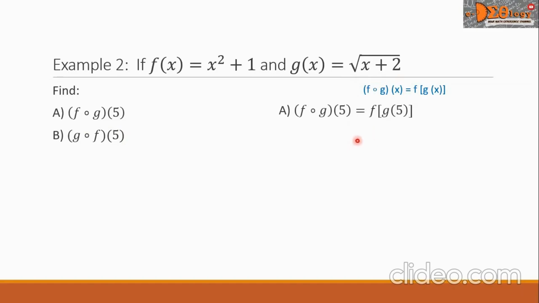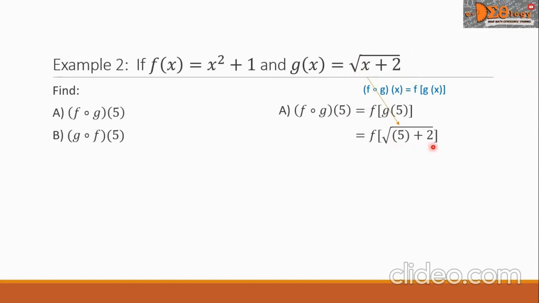To simplify this, let us start with the inner function g of 5. It means we will copy this function, but every time we see an x, we will change it by the value 5. So we have now the square root of x plus 2 becomes 5 plus 2.